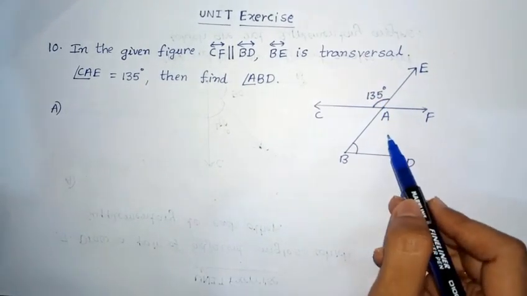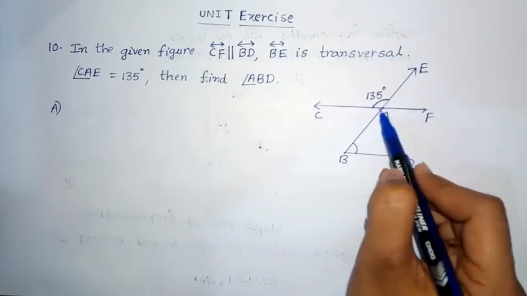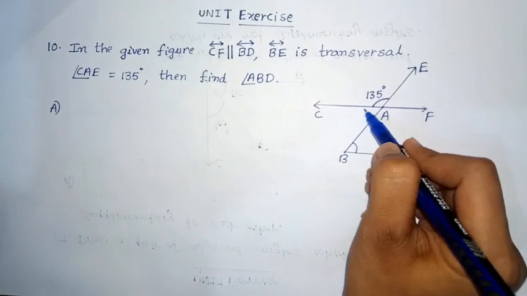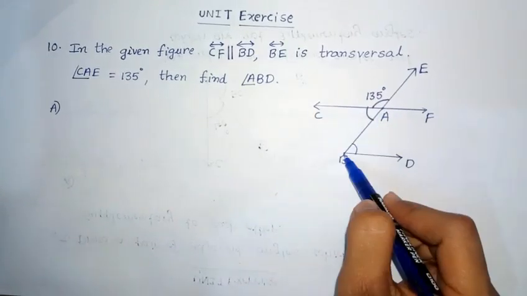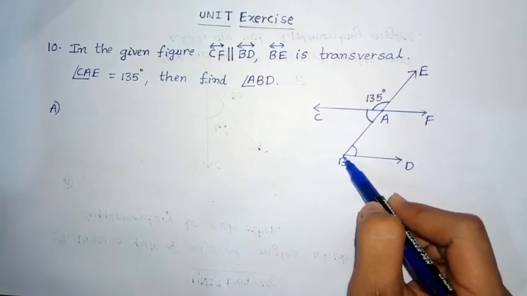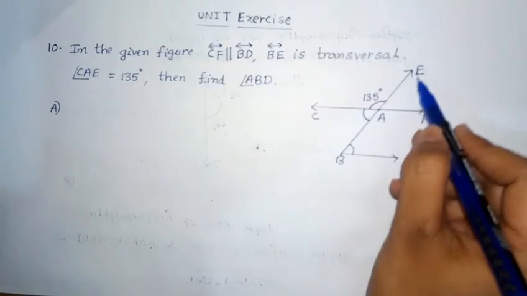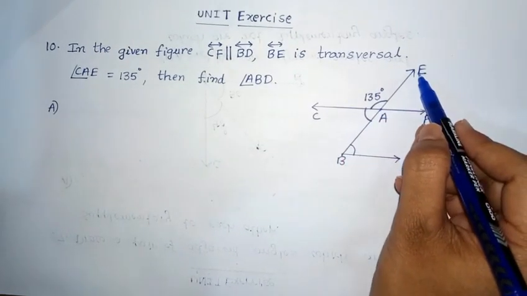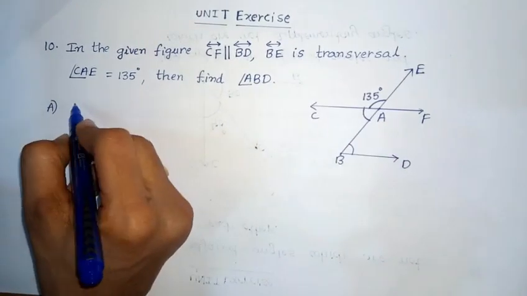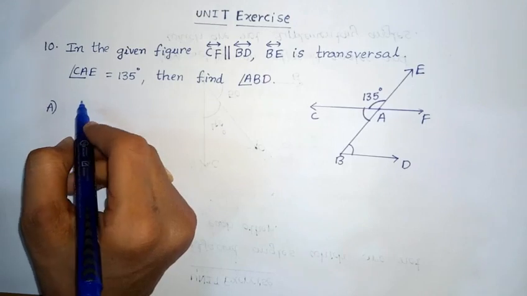In this figure, the angle CAE and the angle CAB, this is angle CAB, these two angles form a straight angle. This is a straight line BAE. The straight angle makes 180 degrees. First write the given information.